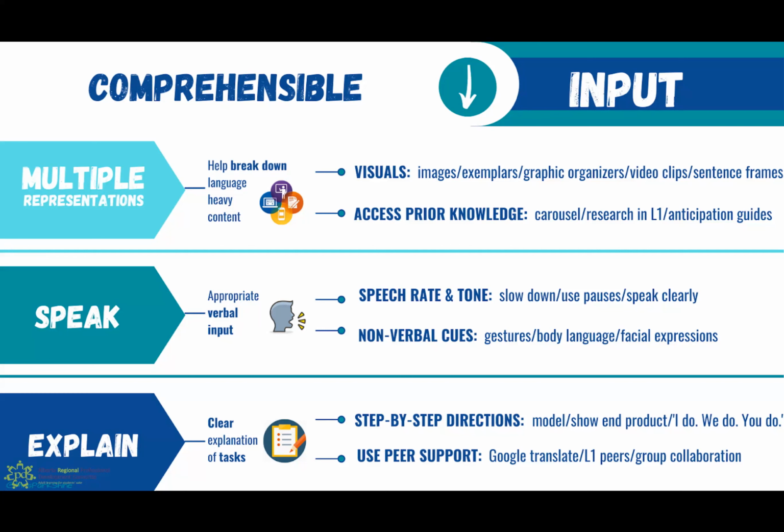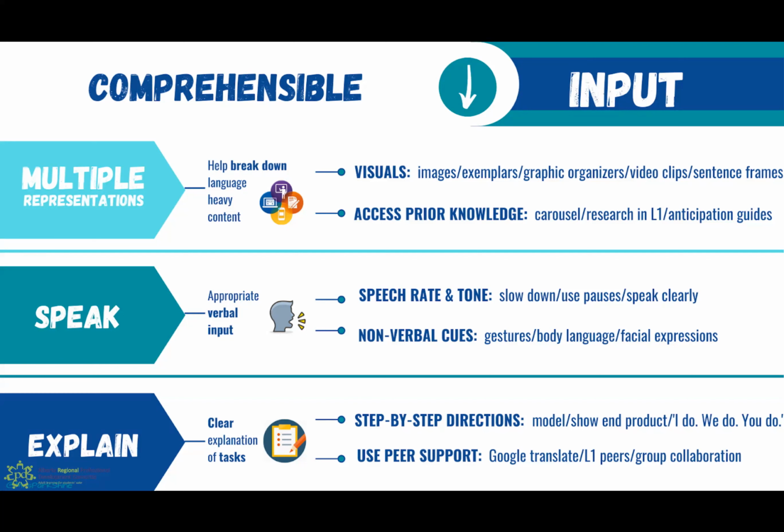And also speaking, so that I am remembering speech rate and tone, slowing down, using pauses, speaking clearly, and nonverbal cues, how big a role they can play in the understanding of what the task is supposed to do and what's demanded of that task. And also when we're explaining, were my explanations of the task clear?